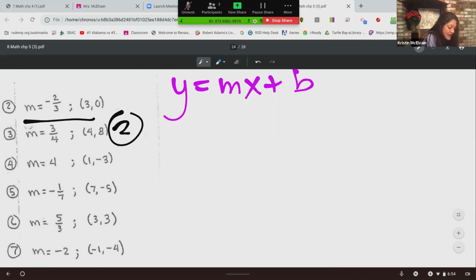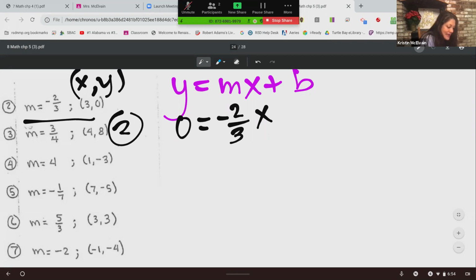So we have a 0. Remember, this is x, y. So we have 0 equals -2/3 times, oops, not x, I know my x value, 3, plus b. Now we're going to solve for b.